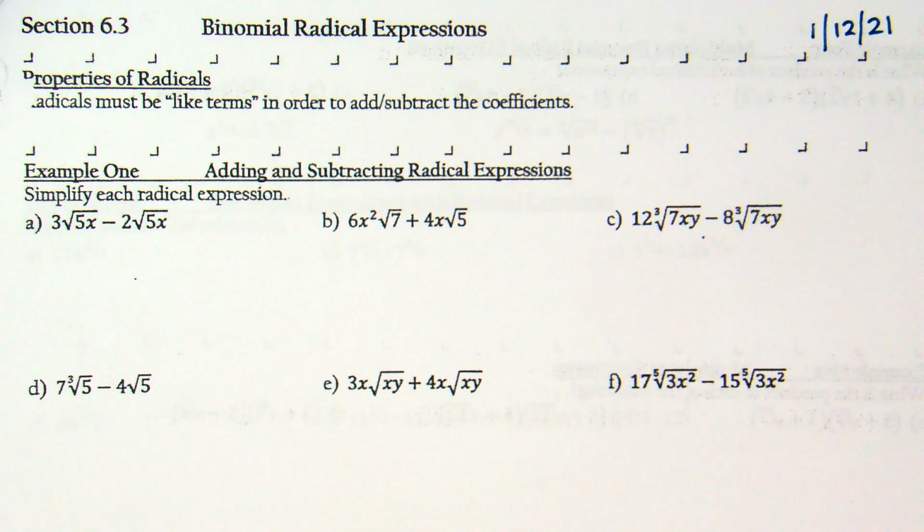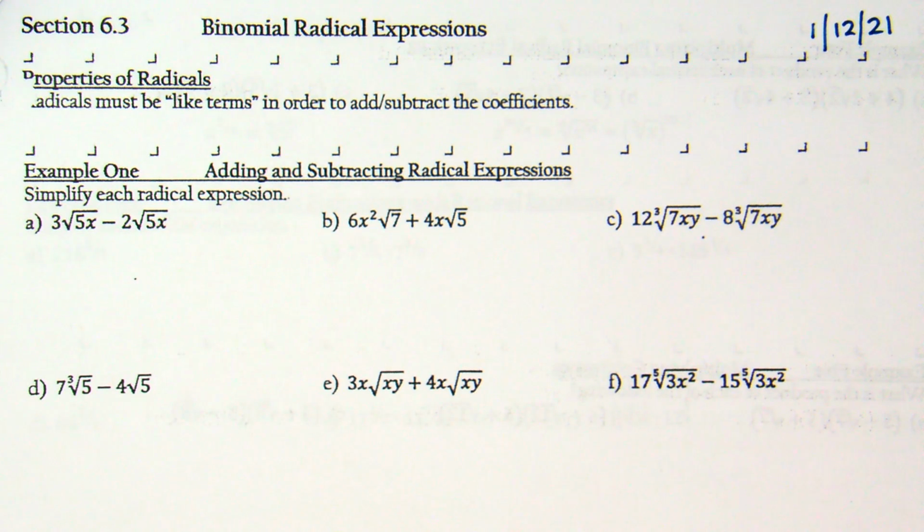Example 1. Simplify each radical expression. A: 3 square root of 5x minus 2 square root of 5x. Guesses? Square root of 5x. Agree? Disagree?